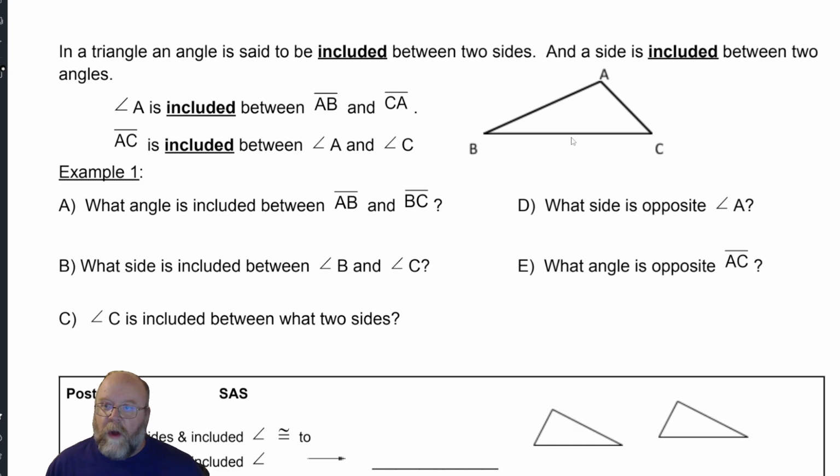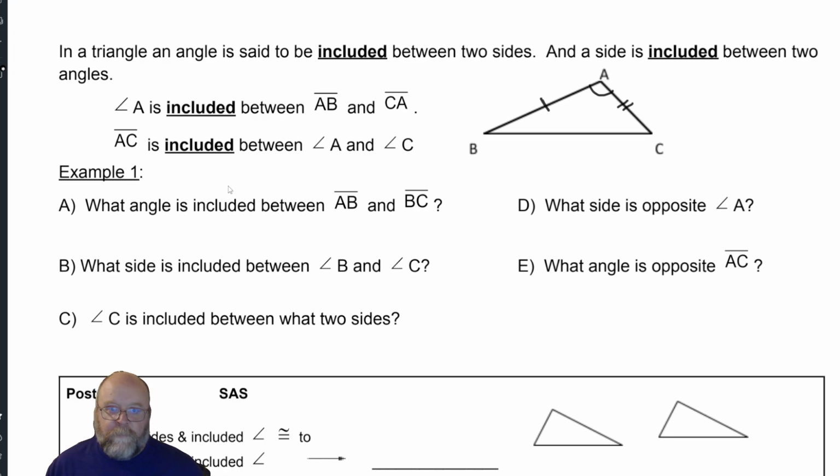A side is included between 2 angles. In this case, angle A is included between the 2 sides that make the angle, AB and AC or CA. It's getting hugged by both of them, y'all. It's included.